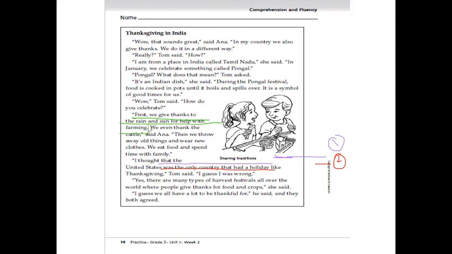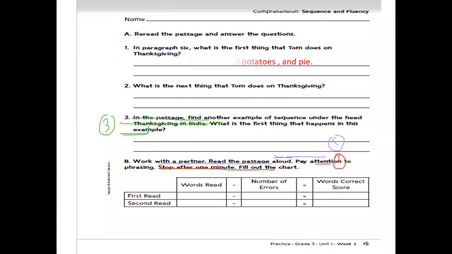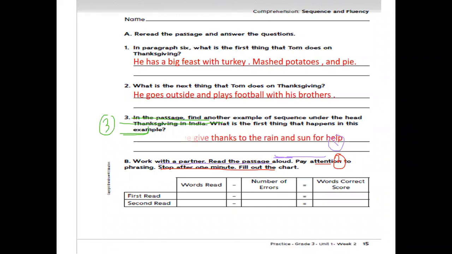We should write until the period here. So what did they do? During Pongal, people give thanks to the rain and sun for help with farming. And you should write number 3. So let's go back here and write the answer. During Pongal, people give thanks to the rain and sun for help with farming.